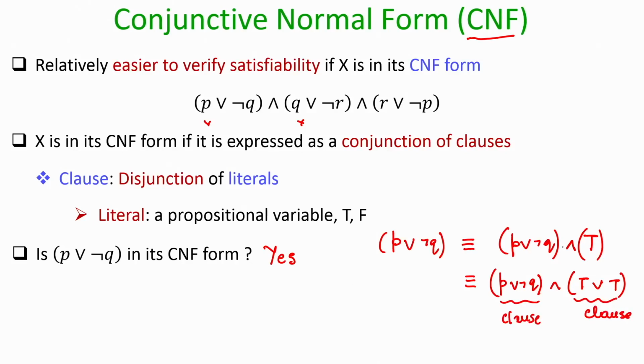So, even though there is no explicit second clause here, I can always interpret that I have this constant true appearing in conjunction with this expression, and hence the disjunction of P and negation Q is also in its conjunctive normal form.